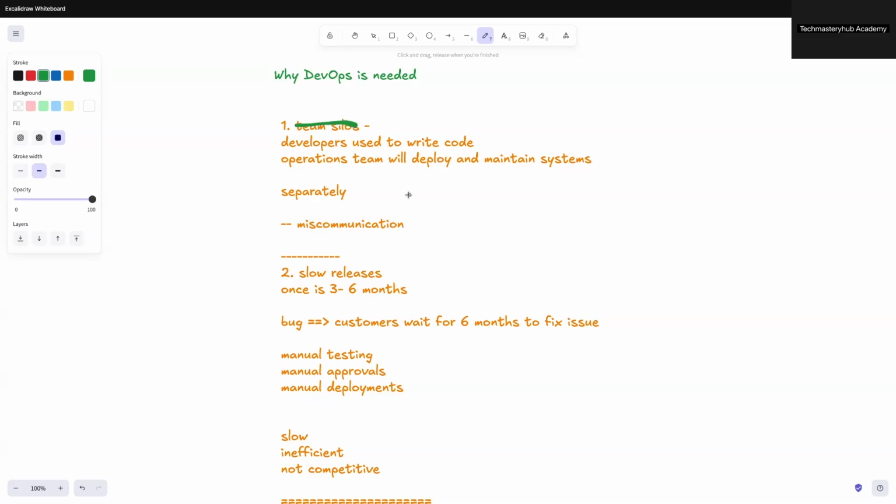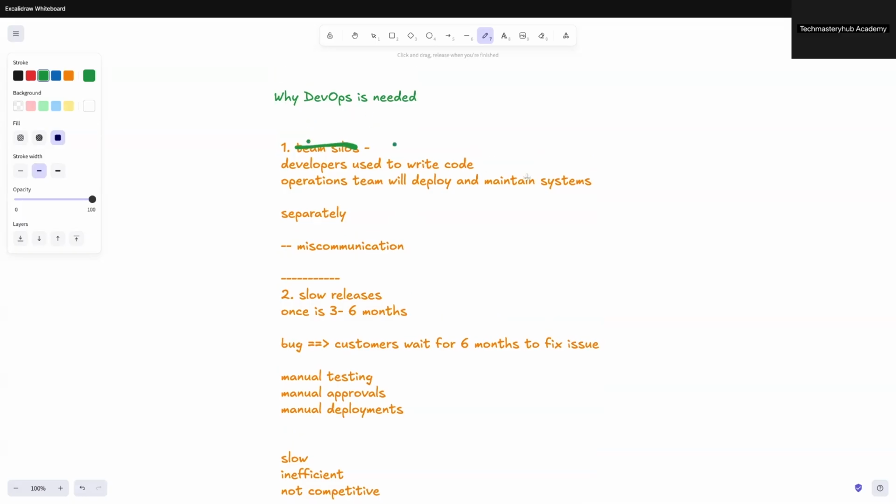In traditional environments, developers and operations teams used to work separately. Developers focus on writing code, and operations focus on the deployment and maintenance of the systems. But there was a big issue. There was no proper communication between these teams.